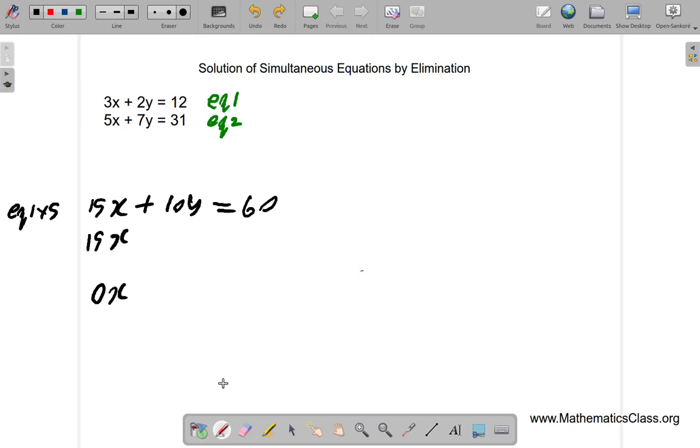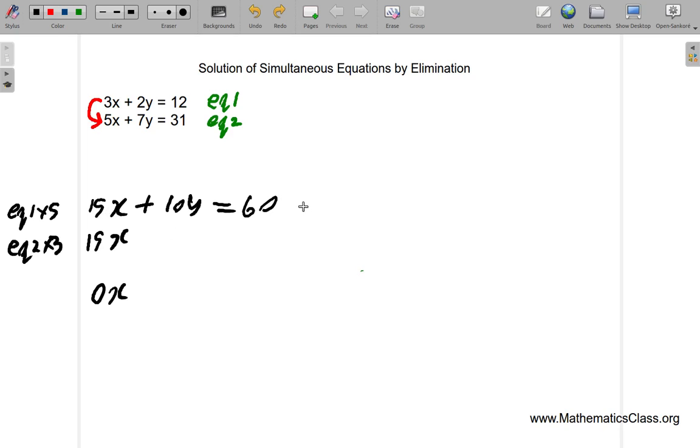Now let's try equation 2 by 3. We multiply equation 2 by 3 because we want the same 15x under this 15x. Right? By the way, let us call this equation 3.